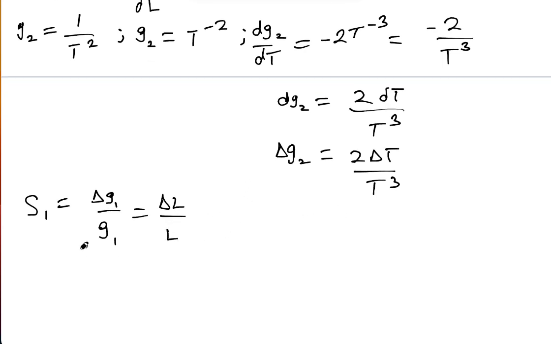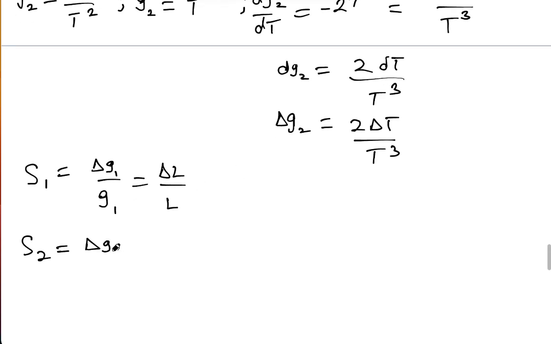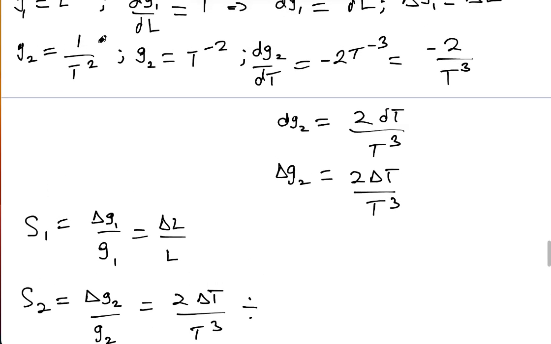Let's find our S2 as well. S2 will also be the change in the second function, which is the change in G2, divided by the second function, which is G2. Now, what is the change in G2 according to what we have here? That is 2 change in T over T raised to power 3, divided by G2, which originally is 1 over T squared.